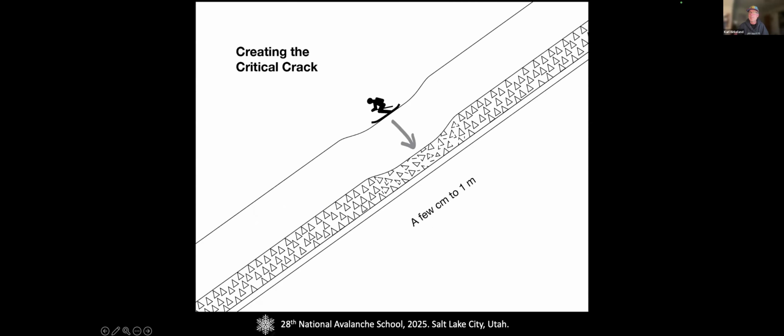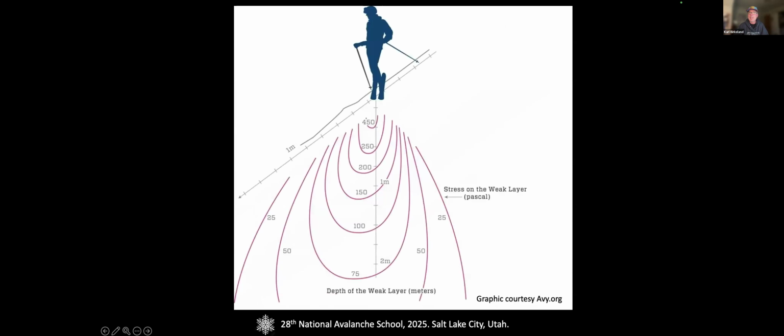All right. So the first stage of a human-triggered avalanche: a skier or snowmobiler bends a slab and breaks the weak layer over a length longer than the critical crack length. How easy it is to do this depends in part on how deep the weak layer is buried. The amount of stress placed on the weak layer depends on how thick and how stiff the slab is.